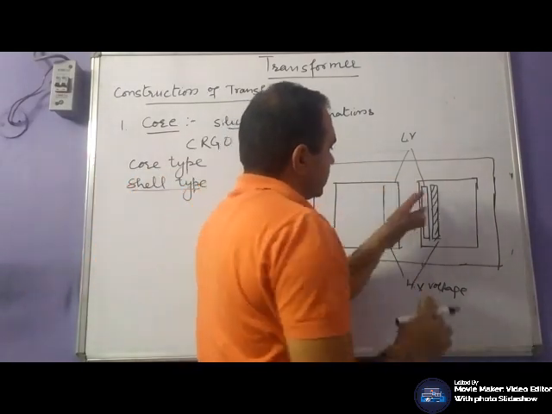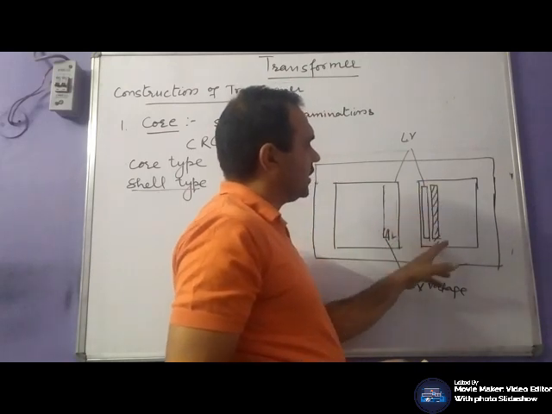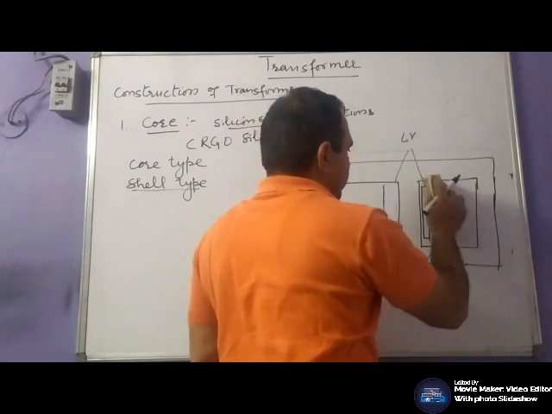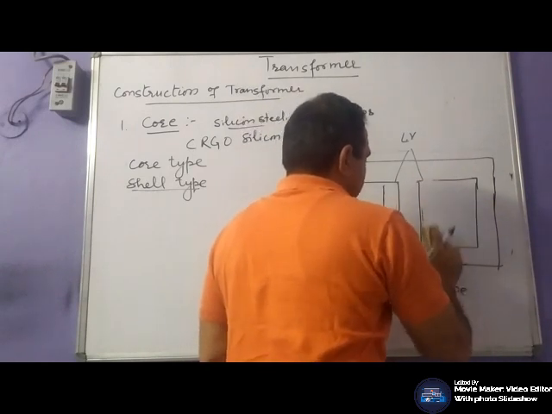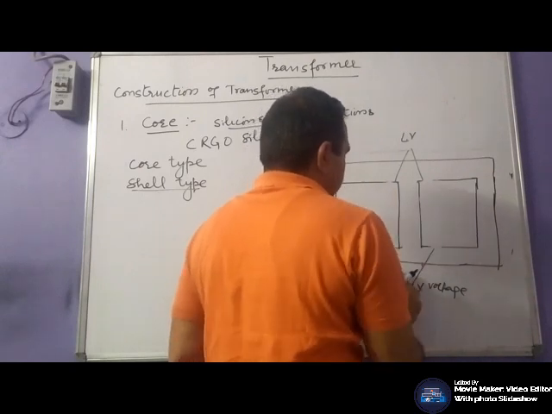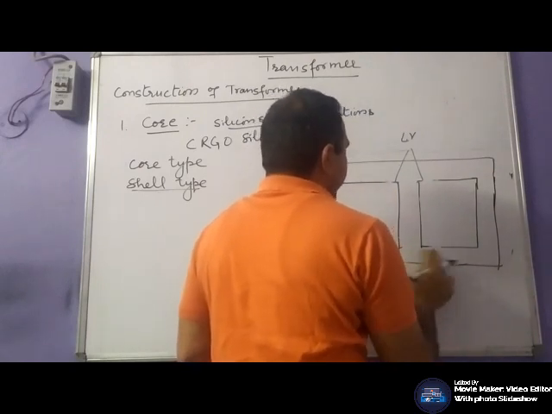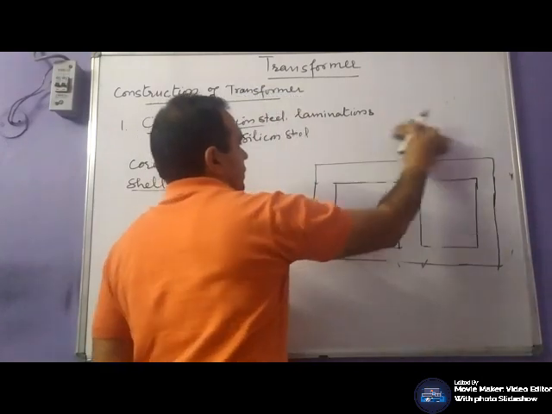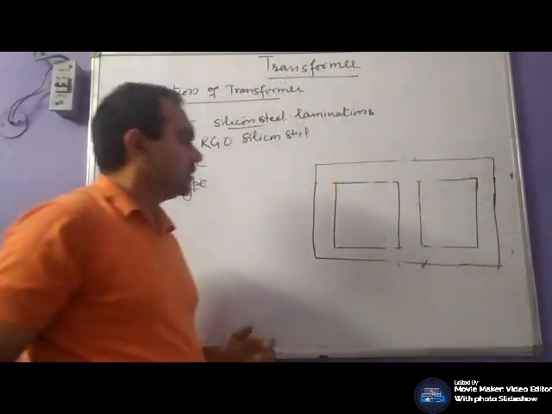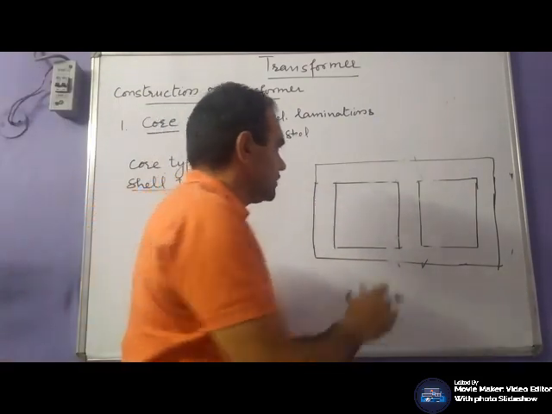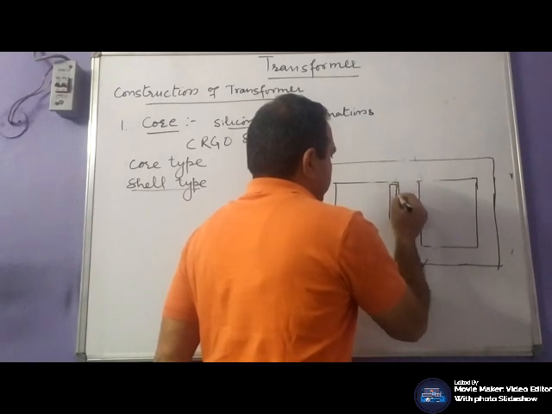So these windings are separated by certain insulating materials. That would be paper, mica, whatever insulating material is used between core and windings. Generally, in single phase configurations, shell type transformers are used.